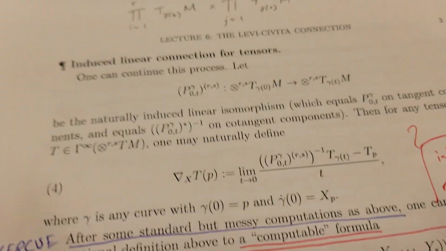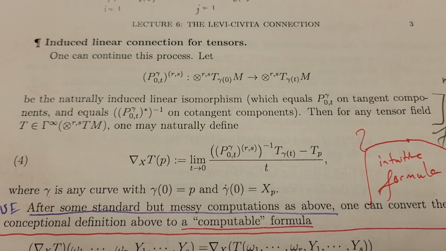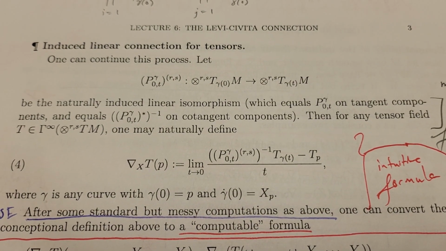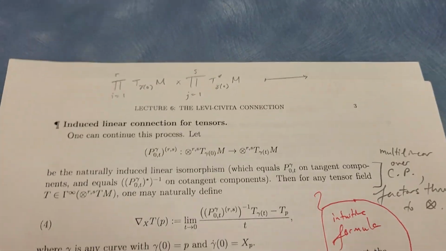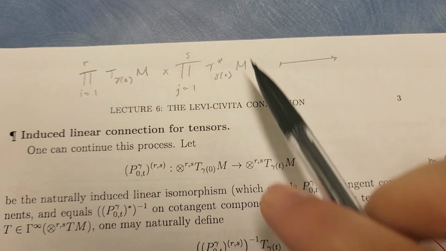Okay, so the point is, this was kind of skipped in the notes. It just says, okay, we have this induced parallel transport from the tensor bundles. Okay, and you can define that explicitly by first constructing a map which is component-wise from the Cartesian product into the Cartesian product.